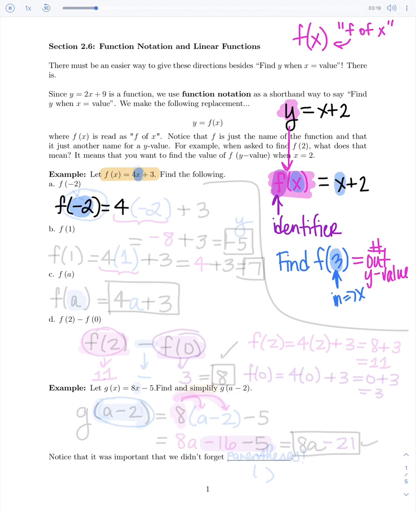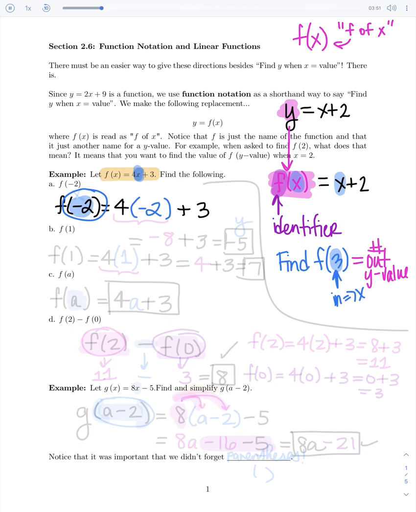The only thing that changes is that x gets replaced with negative 2. I love this notation because the parentheses around the negative 2 are a reminder that whenever you plug things in, you always put parentheses around it. So take that whole negative 2, parentheses and all, and plug it in wherever you see an x. Then the plus 3 at the end stays the same.